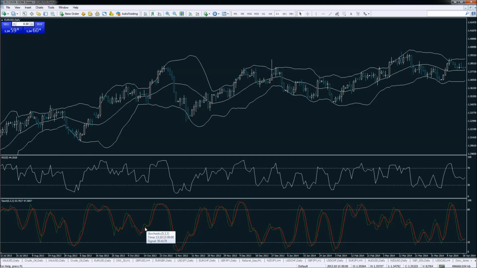As you can see, where you point it, you will find out which one is which. Basically, you have one which is the stochastic and one which is the signal. The red is actually the signal, telling you when the price is changing direction and what you can expect.